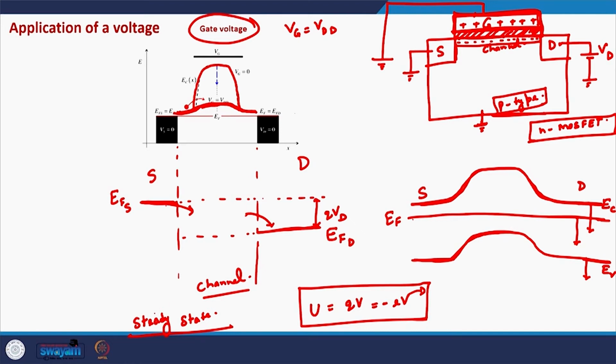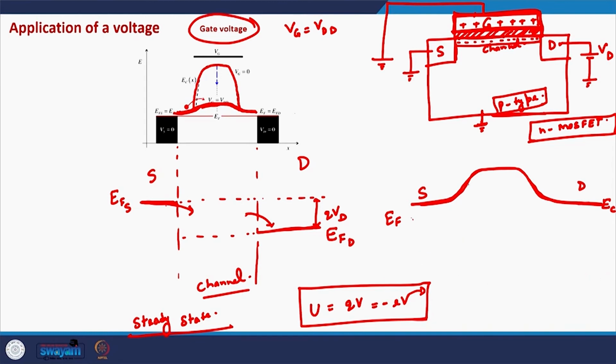If we just have a look at the conduction band minima, on the source side things do not change, but on the drain side this goes down. Now this is the new conduction band minima of the drain terminal, this is Q times Vd, and so we will have a situation like this.